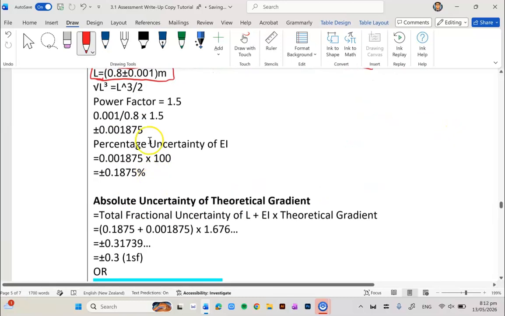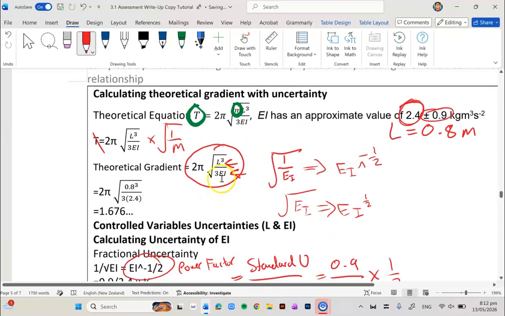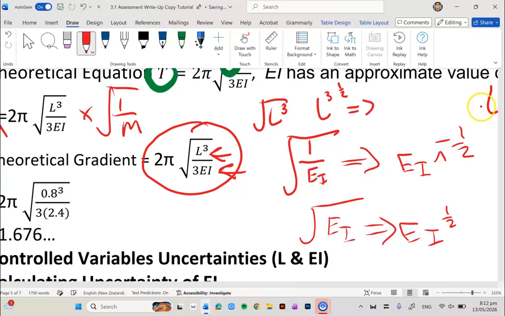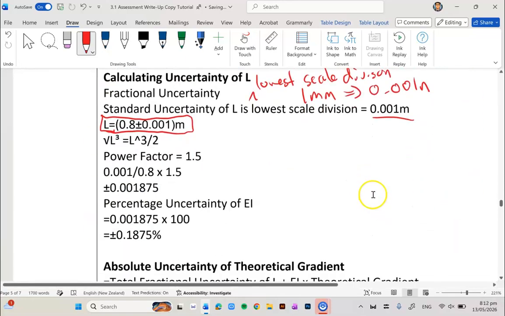So we go back, finding the power factor now. You can see that it's L cubed inside a square root. Remember, we raised the square root to a power of a half. That looks kind of funny, so that becomes this. You just divide the 3 power by 2. So your power factor would become 1.5, because 3 divided by 2 is 1.5.